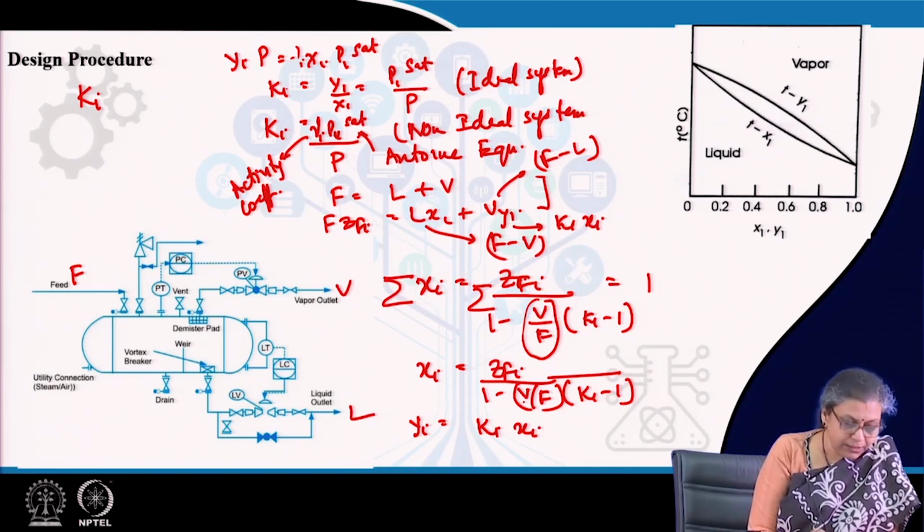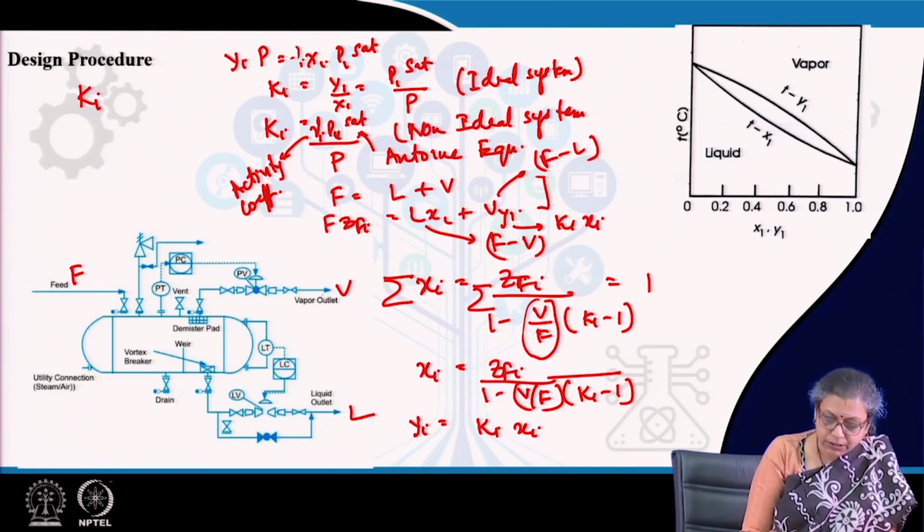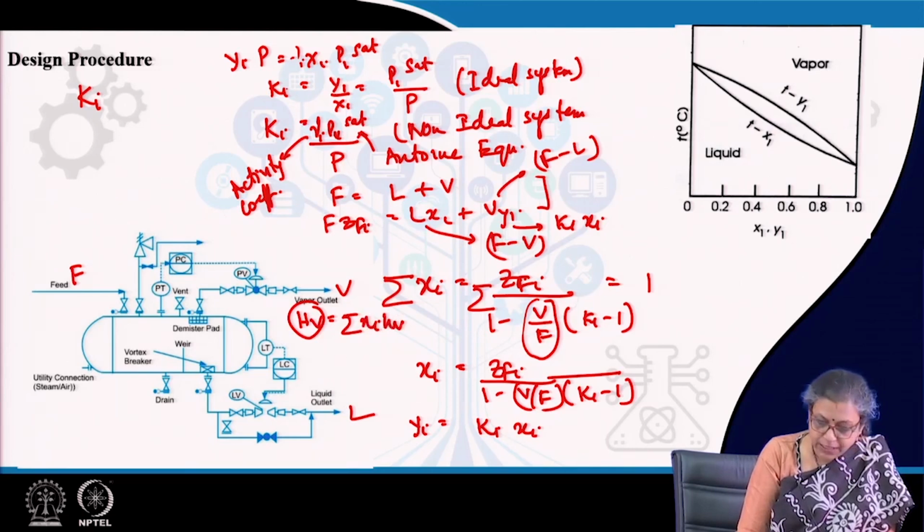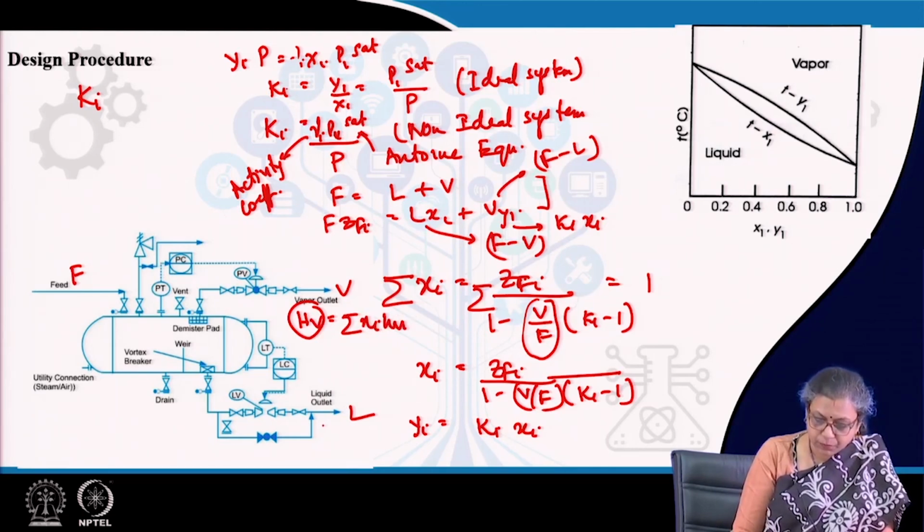How can we do it? We can definitely find out the vapor enthalpy HV. This HV is nothing but sigma NiV HVi for each and every component. We can find out the outlet enthalpy along with the liquid. This will be HL, which is sigma NiL HLi.